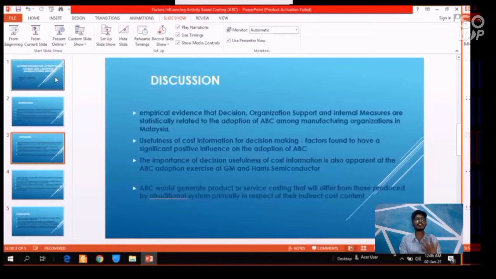Then the use of ABC would improve the product cost information that is produced. The use of ABC will generate information relevant to cost control because overheads are made visible, pooled by activity and their underlying causes, to the extent it is related to their cost driver.